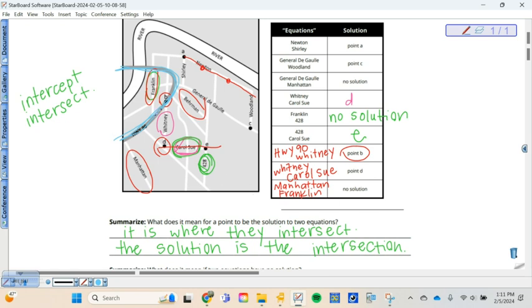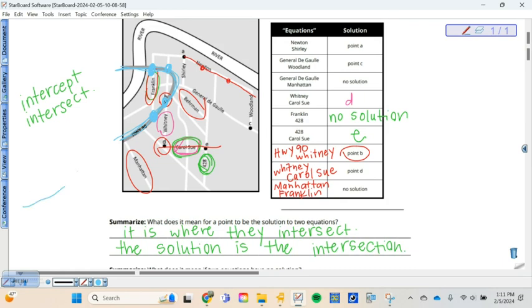Yeah. Look, it intersects with Franklin right here. And it intersects with Franklin right here. And Whitney as well. It intersects with Whitney once and twice. So yes, it is possible, but what has to be true? What's special about Highway 90? It curves, exactly.